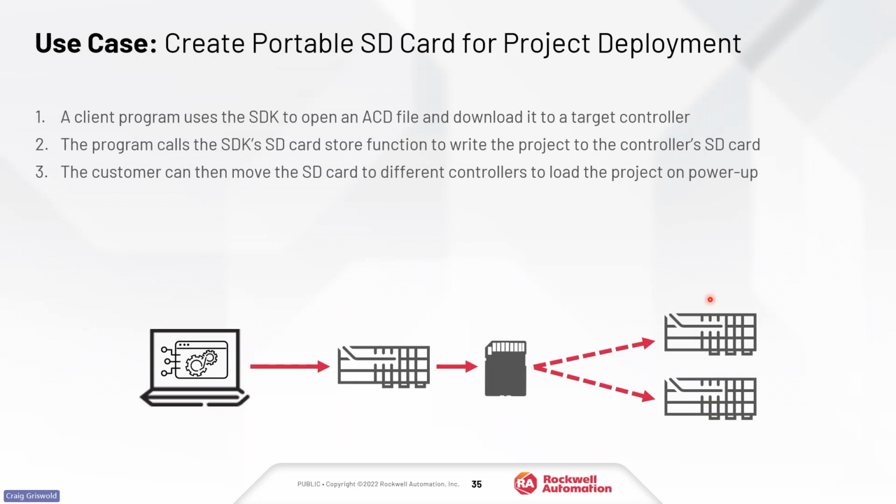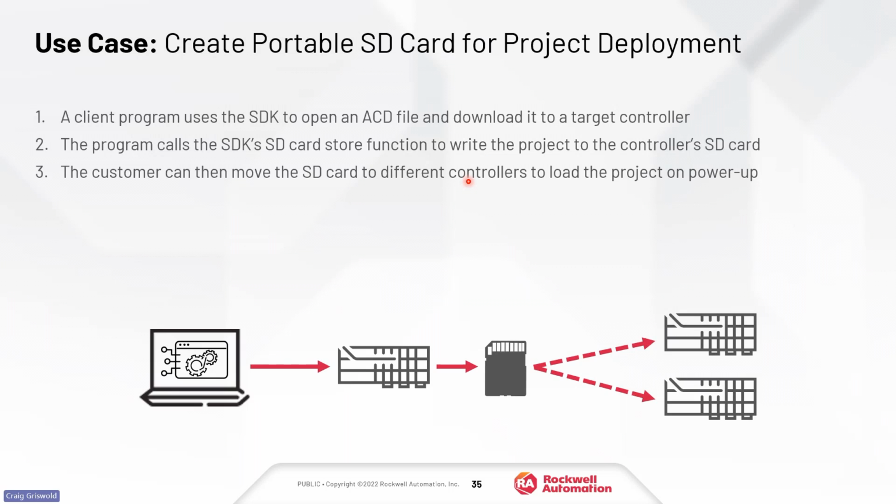And then finally, another example of using the SDK to actually create an SD card and be able to download to different controllers by taking that SD card and setting the controller up to move the project and load it on powerup. So just a couple examples.